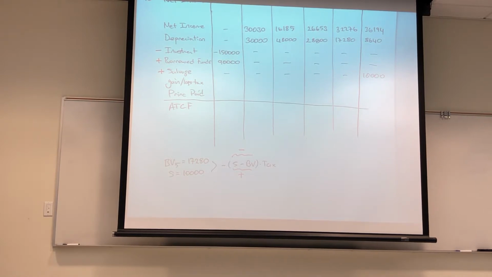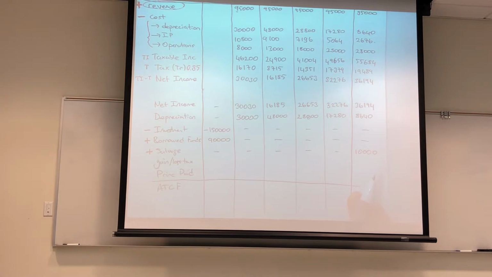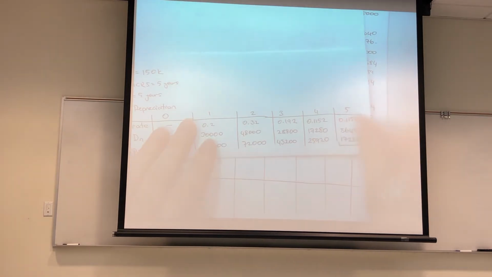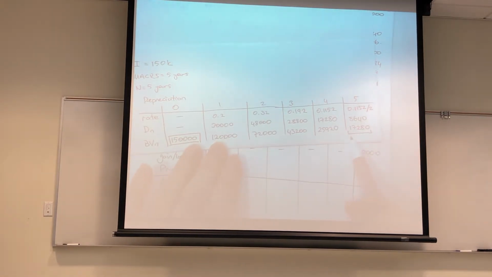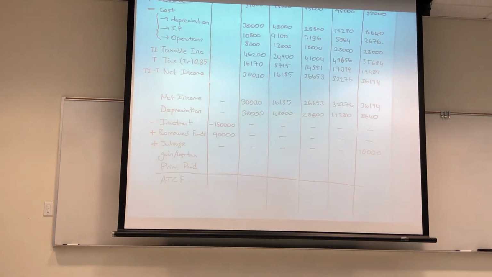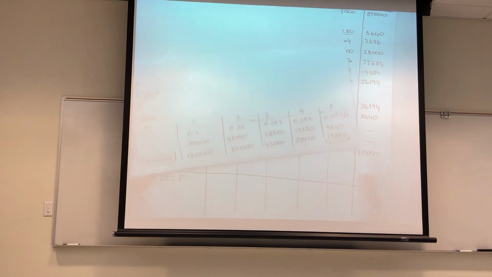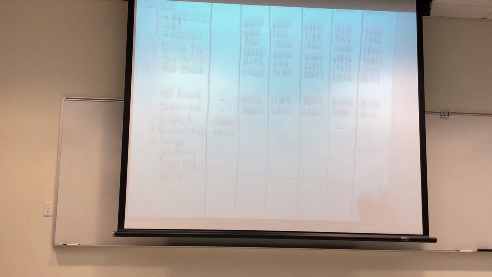So then why are you using the value from year 4? Book value, this one? I think I'm looking at depreciation. Never mind. Okay. Depreciation? Yeah, right here. Oh yeah, they're the same. Yeah, that's a coincidence. Cool.